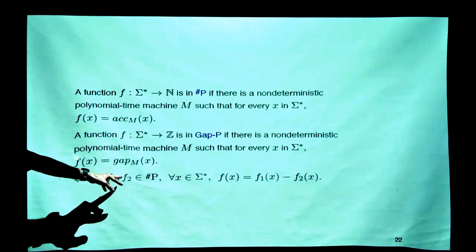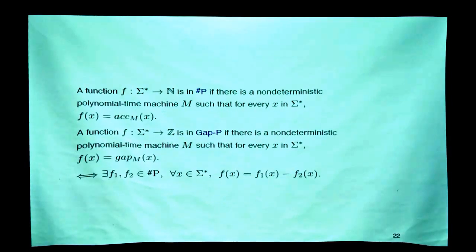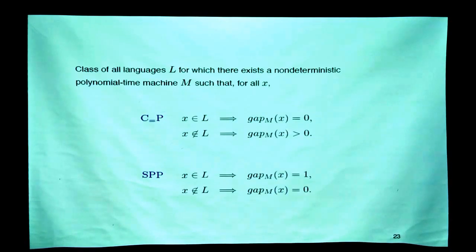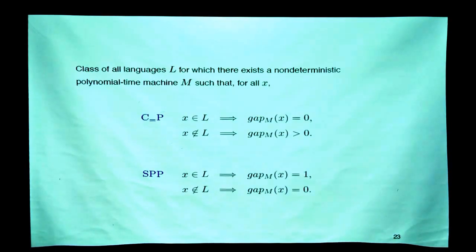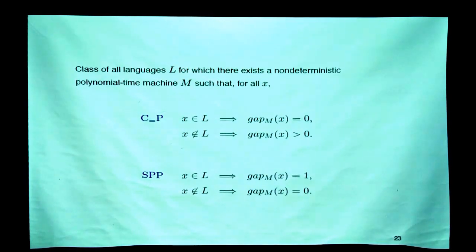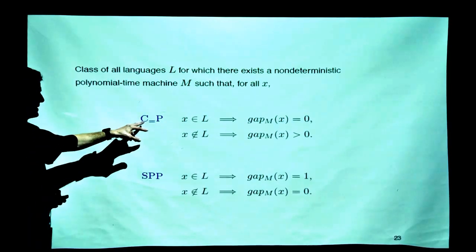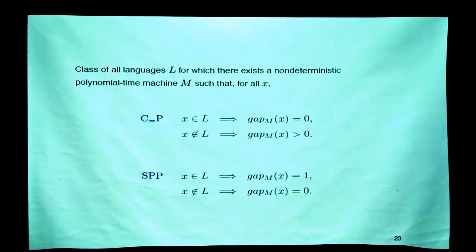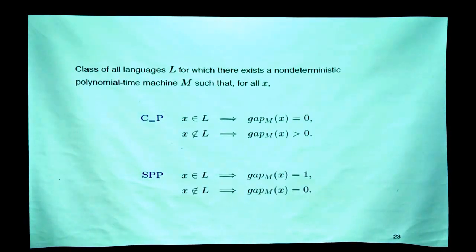Well, the difference of two functions. And so here are some classes. This is C=P. It's a counting class that is an exact counting.